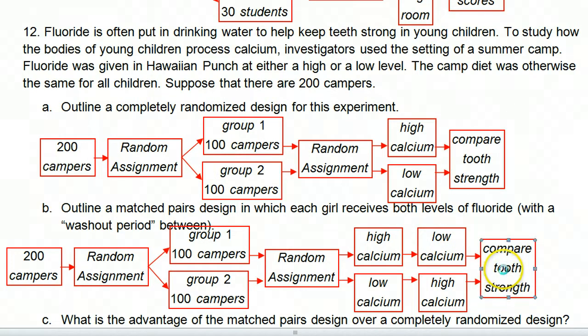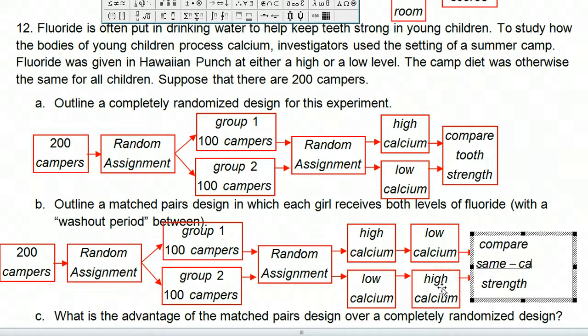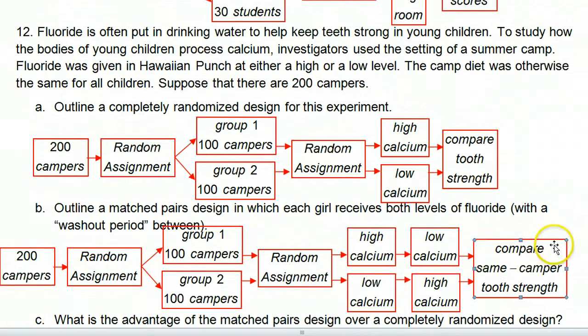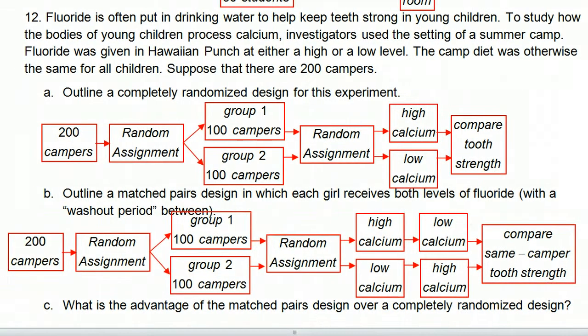So I'm just going to modify this, and instead of just saying compare tooth strength, I'm going to say compare same camper tooth strength. And just like that, it becomes a matched pairs design.